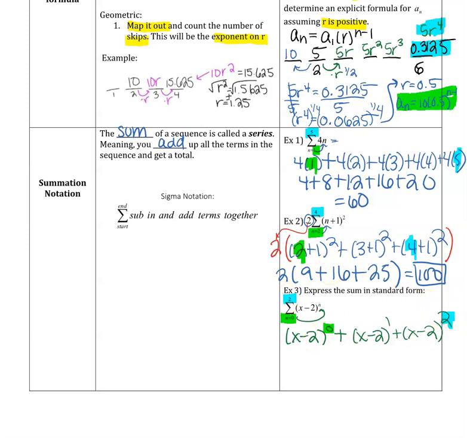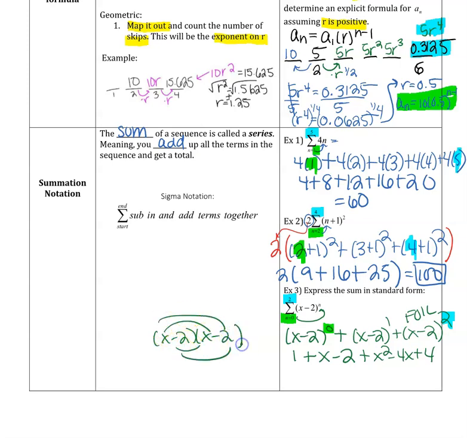Now, anything to the 0 power is equal to 1, and anything to the first power is just itself. This last part, though, make sure you FOIL. So that would be plus x squared minus 4x plus 4. And if you're going to mess up that FOIL, I always say when in doubt, write it out, and then actually go through your FOIL.